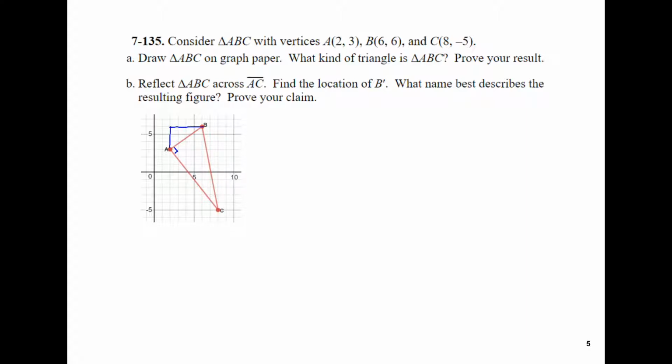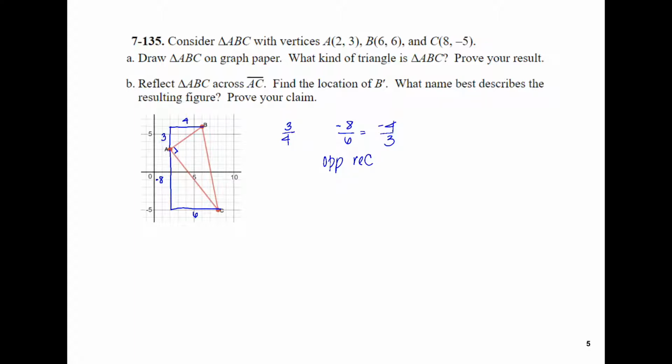To find the slope of line AB, I rise 3 and I run 4. To find the slope of AC, I notice that I go down 8 over 6. When I look at the slope of 3 over 4, rising 3 over 4, compared to going down 8 over 6, I can see that my slopes are opposite reciprocals of each other.